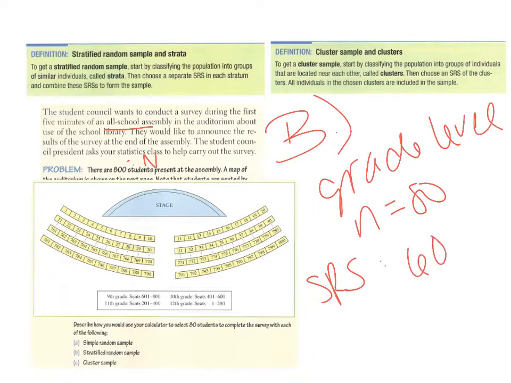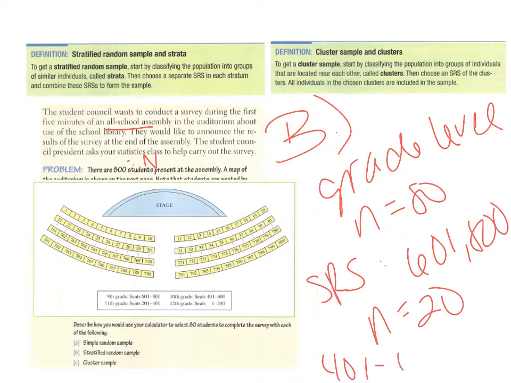For seats 601 through 800, I can get a sample of 20 for them. I can do the same thing then for the 10th graders, seats 401 through 600, and again get a sample of 20 from them. And the same for the juniors and the same for the seniors. Okay, and so then I'm giving the survey to 80 students. I did 20 from each of the different strata.